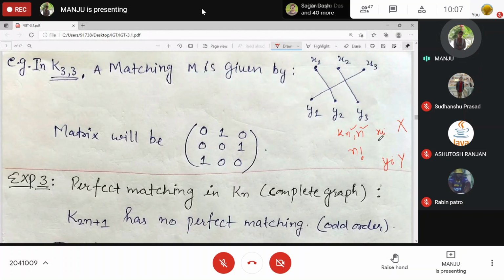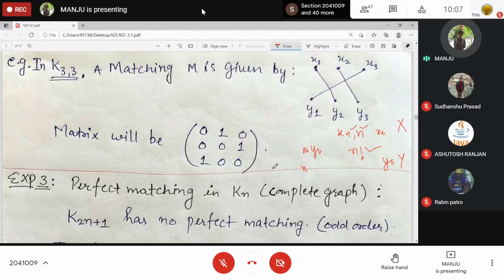And how many bijections exist from an n-element set to an n-element set? That is n factorial. Okay, and these matchings you can also denote by a permutation matrix. By permuting, first you find (xi, yi), and whenever you have (xi, yi), this is a matching.